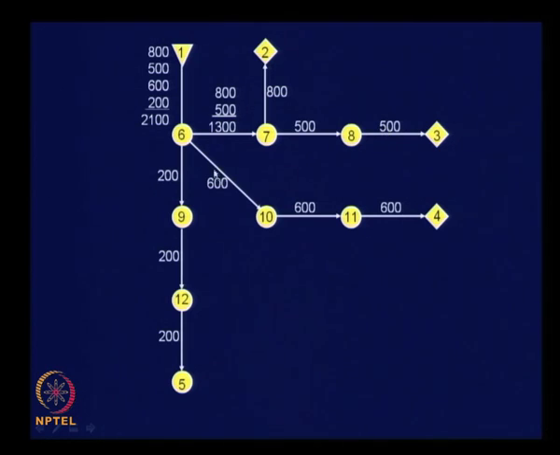Then 1 to 4 is 600 PCU, and 16 is loaded with that amount of traffic volume also, 600, then 610 600, 1011 600, 11 600. And 1 to 5 is 200 PCU per hour. So 1 to 6 200, 6 to 9 200, 9 to 12 200, 12 to 5 200.